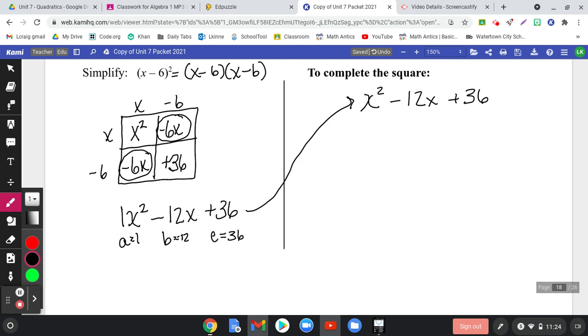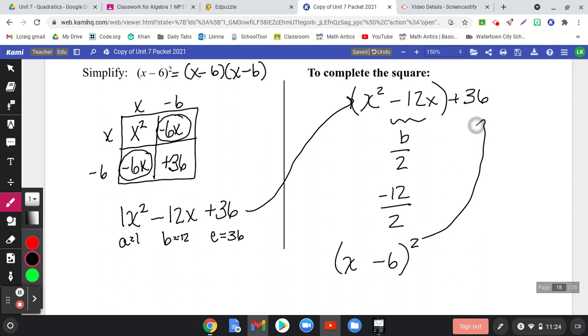What I need you to notice, if you take your b, if you take this negative 12 and divide it by 2, you get negative 6. All right. Now, if I group it in here with this other x and square it, what do you know?